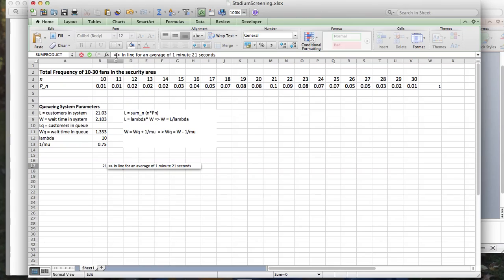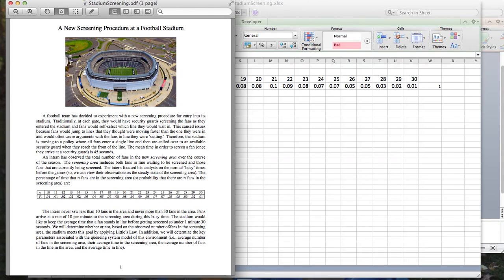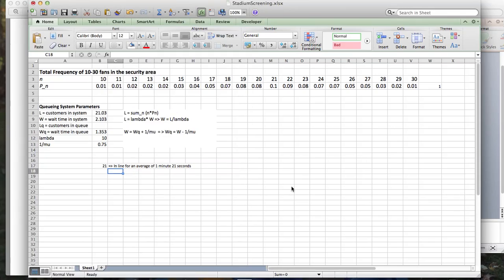All right. So we've answered the main question that we wanted to calculate, but let's close the loop here and calculate all the key parameters associated with the queuing system. Last thing is we want to calculate LQ. Well, LQ is equal to lambda times WQ.